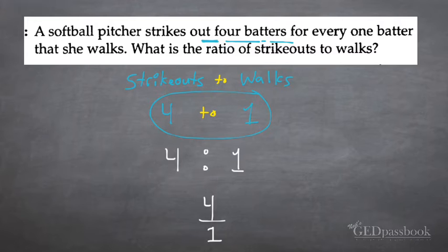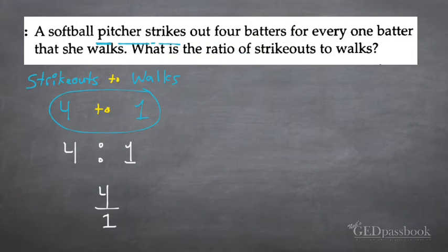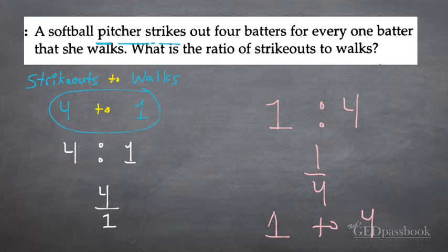I'll tell you what isn't correct though. What is incorrect is when they ask for what is the ratio of strikeouts to walks, and you end up giving me 1 to 4, or 1 over 4, or 1:4.